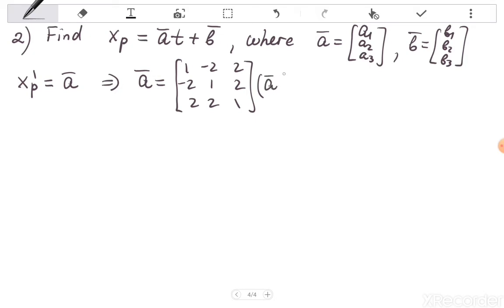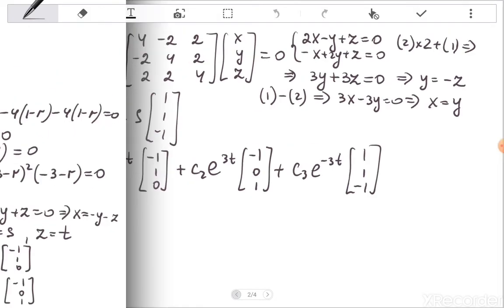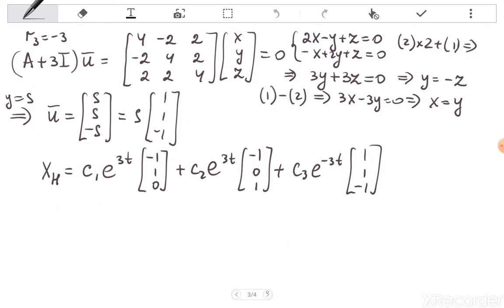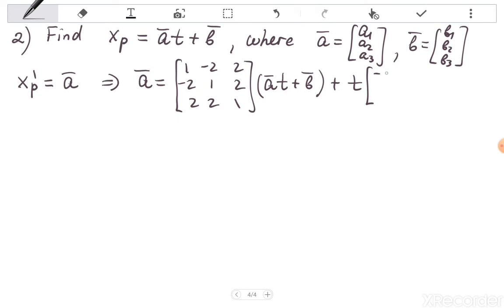So a t plus b, plus t times the constant vector, which is minus 9, 0, minus 18. So from this, we must find a and b.